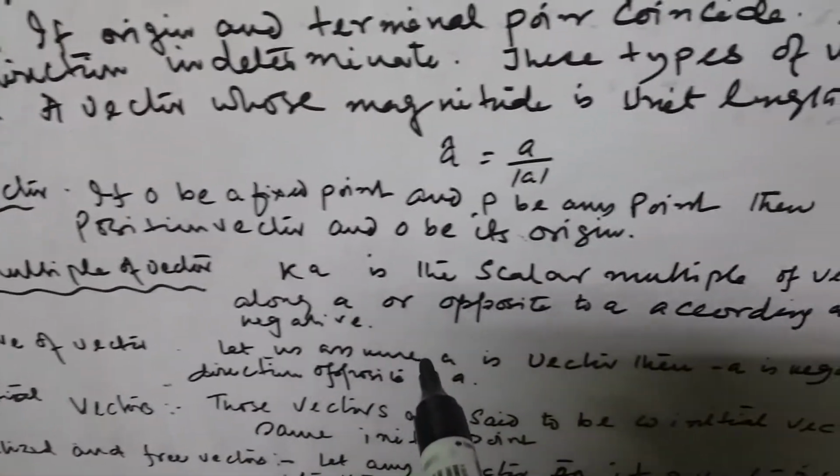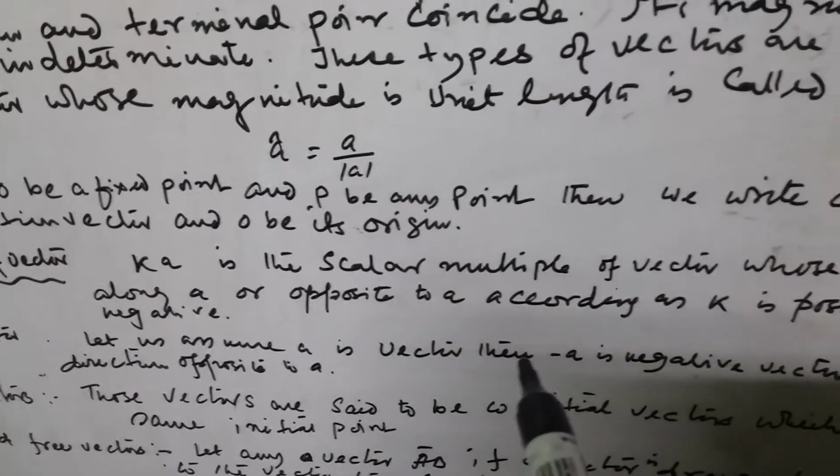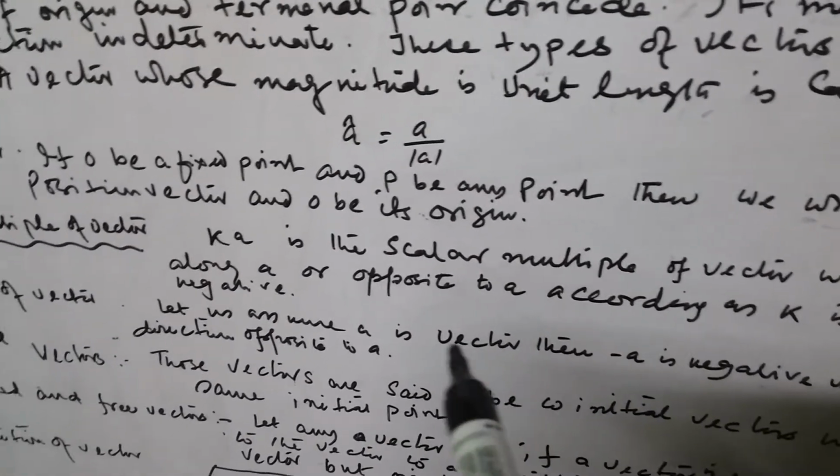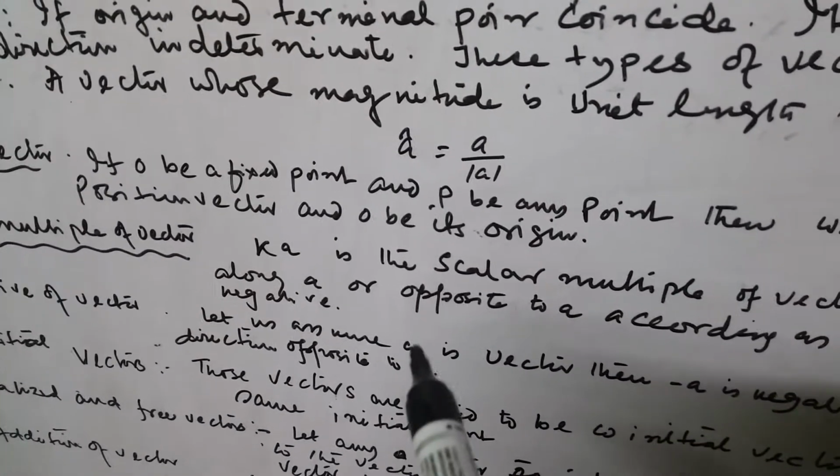Negative vector. The negative vector of a is minus a.